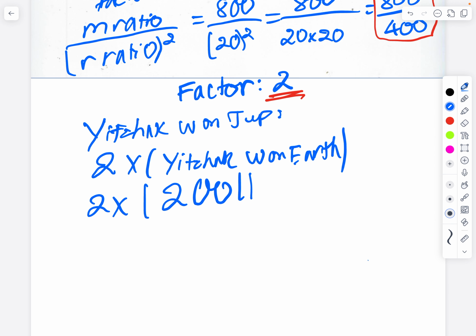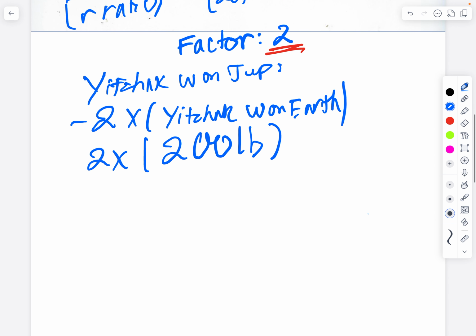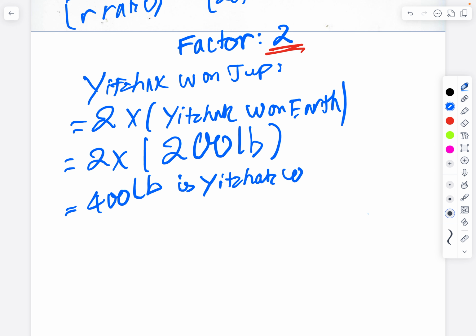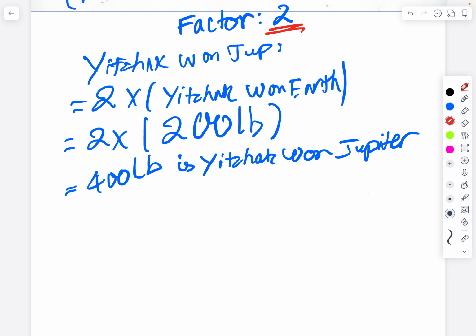He weighed 200 pounds on Earth. So we would get 400 pounds as his weight on Jupiter. And this is your answer.